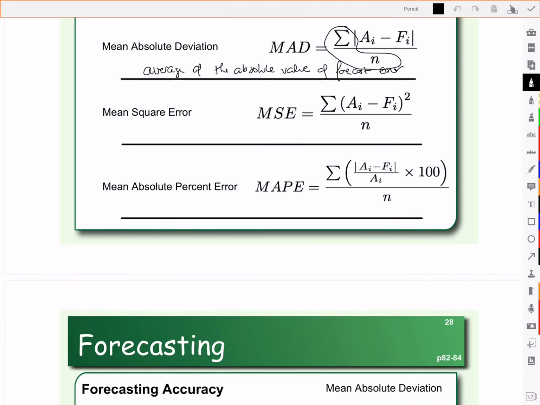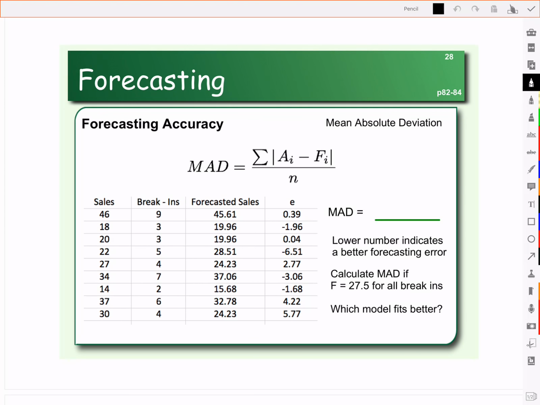So let's just take a look at that. Here's our sales and here's our forecasted sales, and our error was 0.39. When our sales were 18 and the forecasted sales were 19.96, our error was negative 1.96. To find the mean absolute deviation, we would take 0.39 and we would add 1.96.